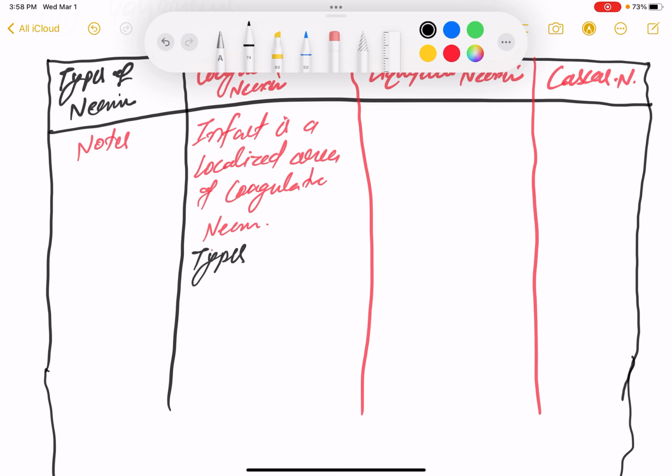It is a type of dry gangrene. Then we come to liquefactive necrosis.